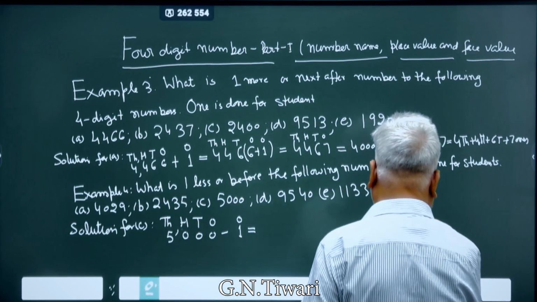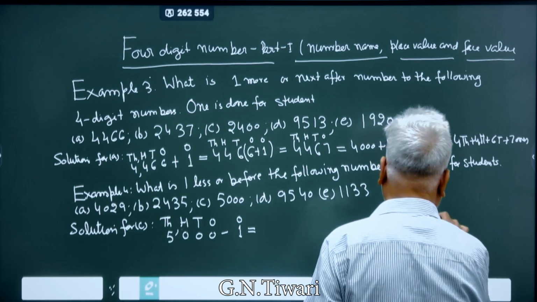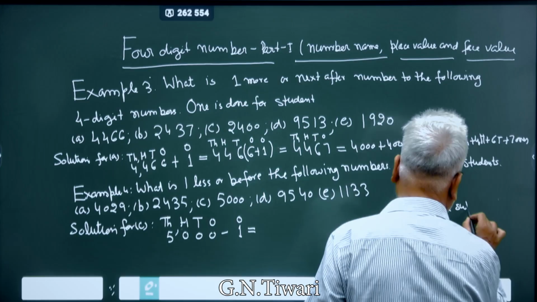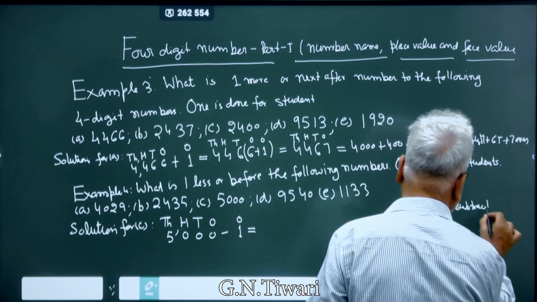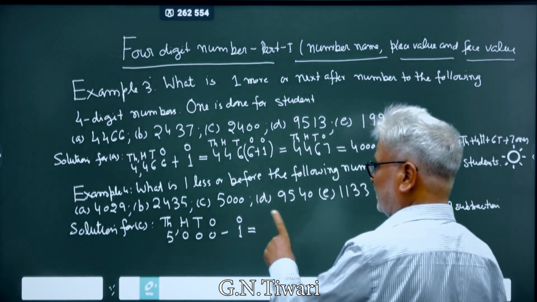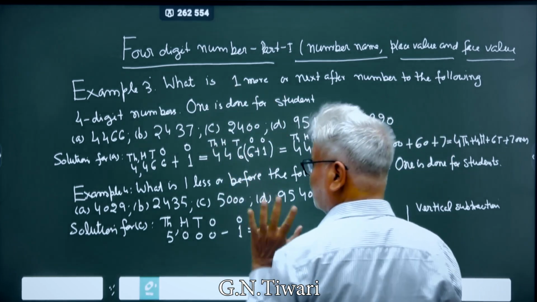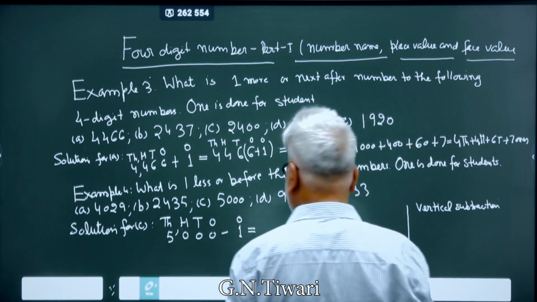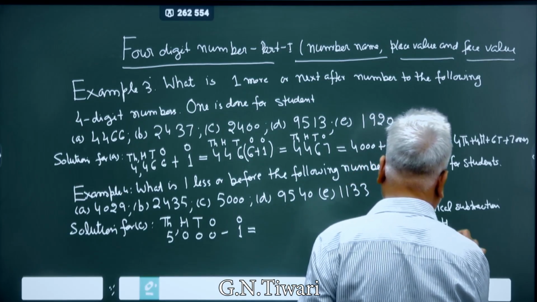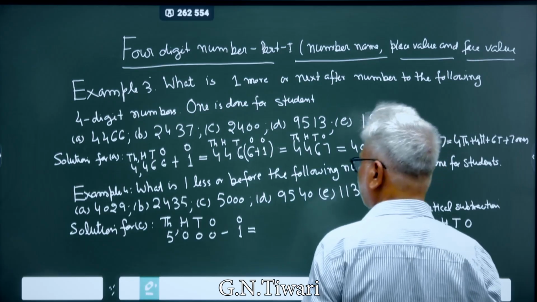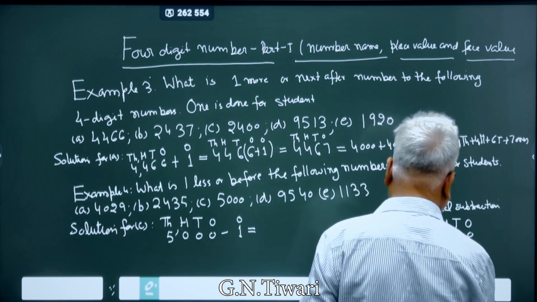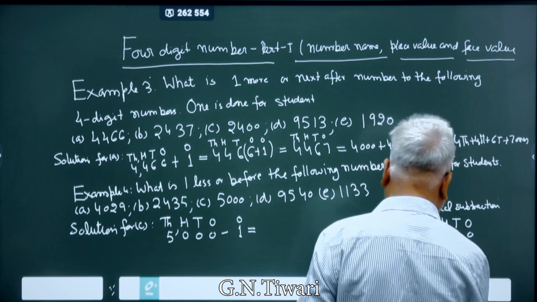I am giving the example here, rough work. Vertical subtraction. Here you cannot write 0 minus 1, it gets confusing. If there is 0, then write here TH, H, T, O, 5 0 0 0 and 1 is here, it is a minus.